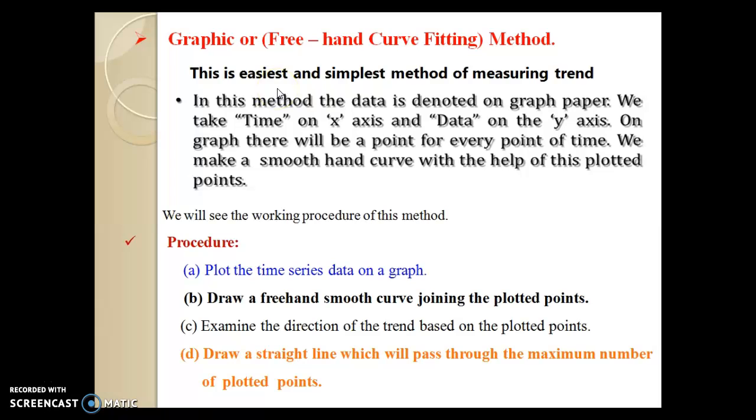The following are the procedures of the graphical or freehand curve method. First, plot the time series data on the graph. Draw a freehand smooth curve joining the plotted points and examine the direction of the trend based on the plotted points. And last, draw the straight line which passes through the maximum number of plotted points.